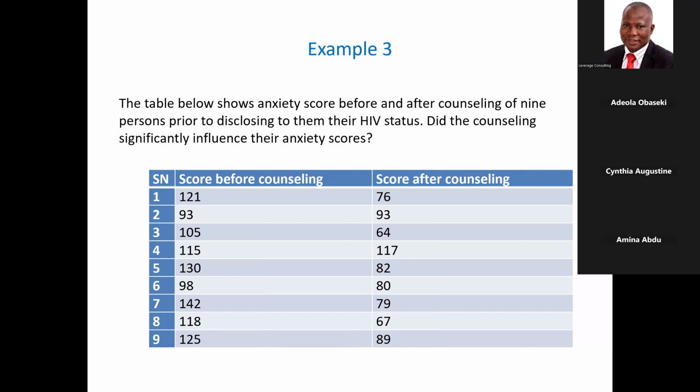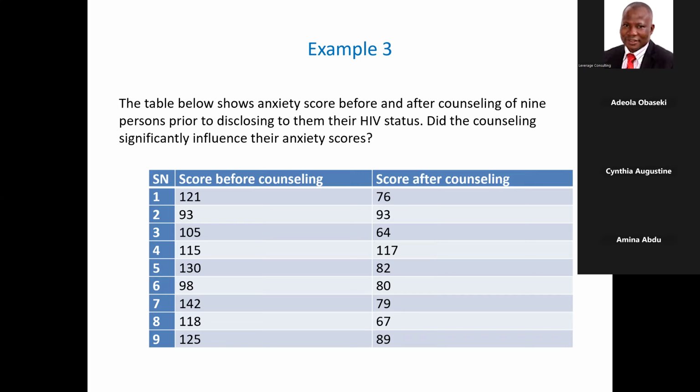So before you disclose their HIV results to them, you measure their anxiety. Then you do counseling, to see if counseling has a way of calming people down. So you measure their anxiety score before counseling and after counseling to see the effect.